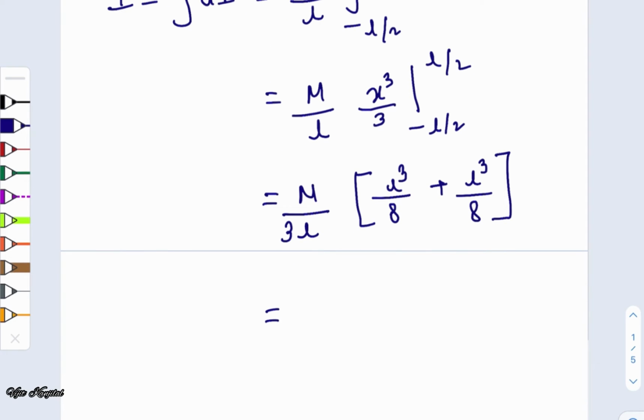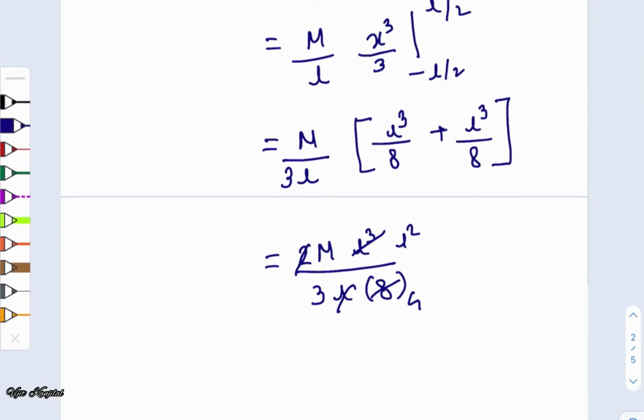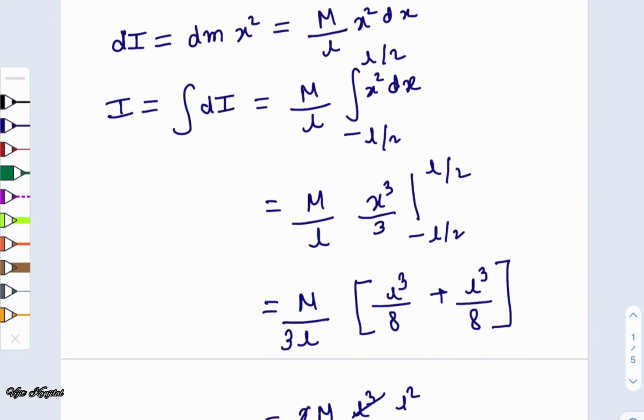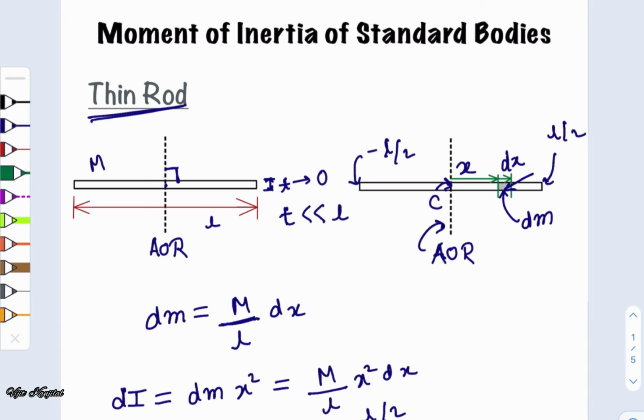So we write it as m times 2 L cube by 3L times 8. So let's simplify this. We obtain I as m L square by 12. So the moment of inertia of a rod with respect to an axis which is passing through its center is simply given as m L square by 12.